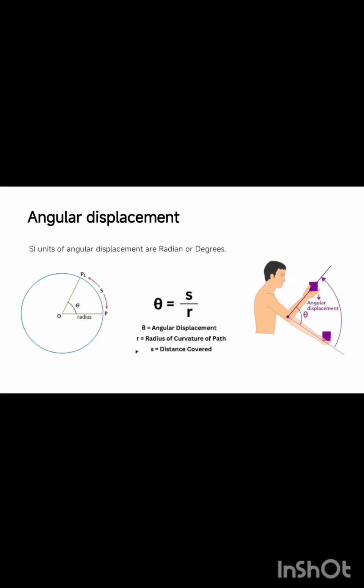So here the linear displacement is the arc length which is moved by the object, represented by s. Theta is the angular displacement, and r is the distance from his elbow to the mass which is kept in his hand. So in simple words, the angular displacement of the object is the distance traveled by it around the circumference of the circle divided by the radius.